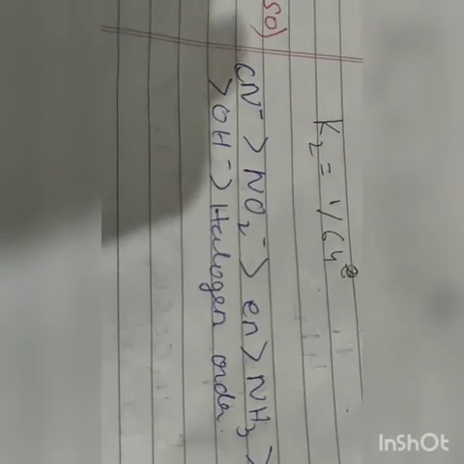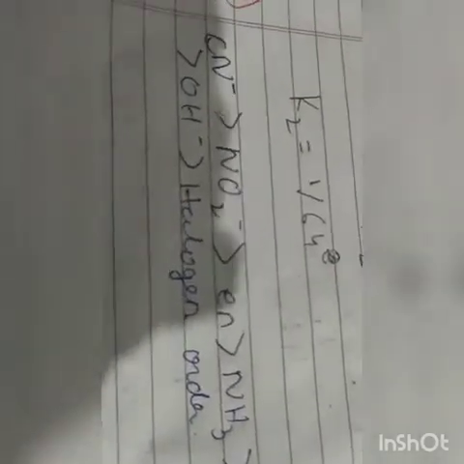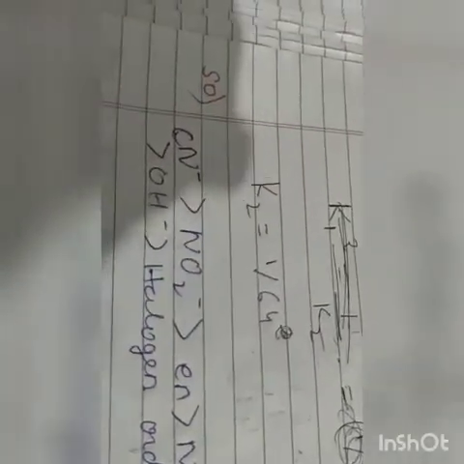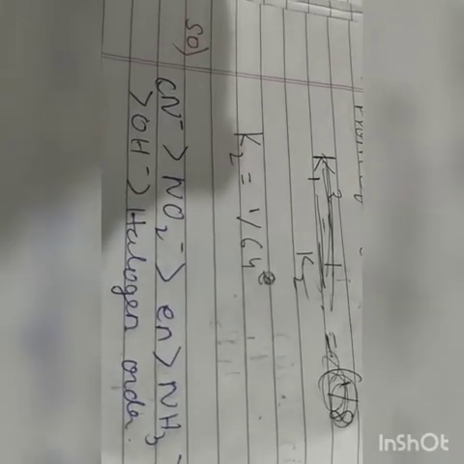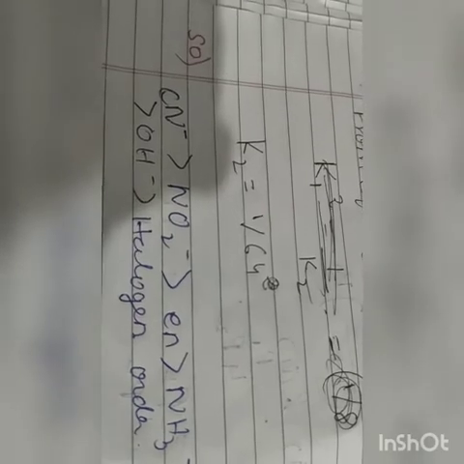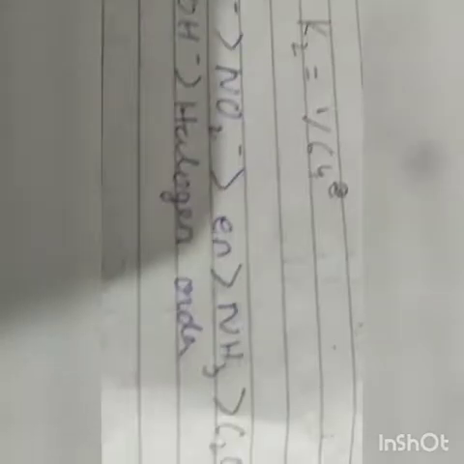So the increasing field strength is as this: CN, NO2, en, NH3, C2O4 2 minus, H2O, OH minus, and the halogens in order F, Cl, Br and I. As we can see, CN is the strongest ligand among these. Hence the magnitude of delta octahedral will be maximum in Co(CN)6. Here the correct option is Co(CN)6.